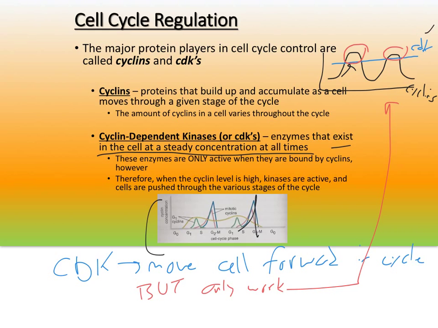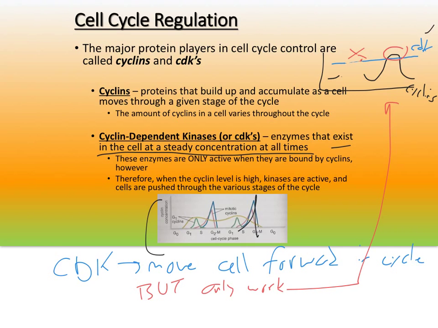If the cell is not ready to divide, it will dampen its concentration of cyclins so that they will not interact with the CDKs, and you will not get crossing of the checkpoint and movement through the cell cycle, and therefore not cell division.